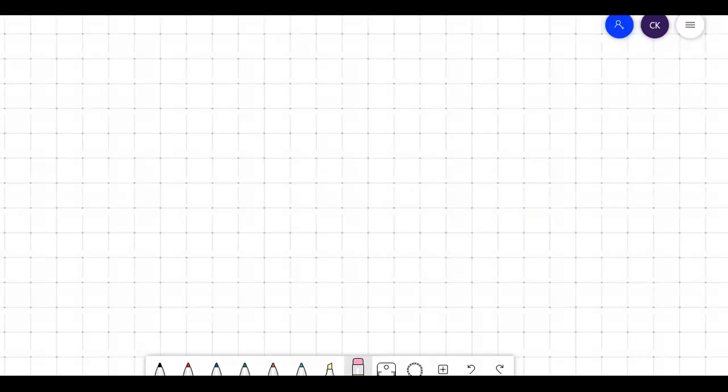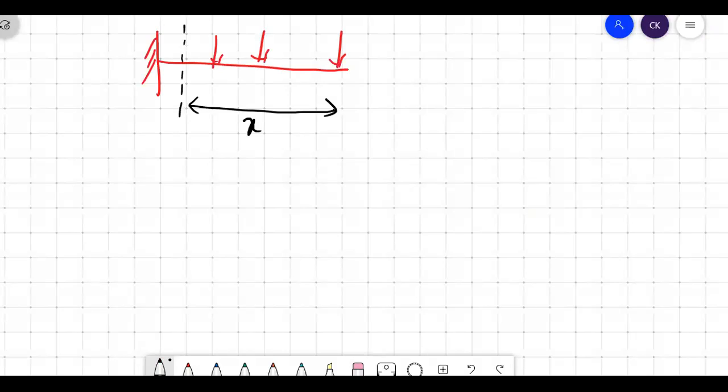Or you can write the equation again by considering a section at a distance of x.